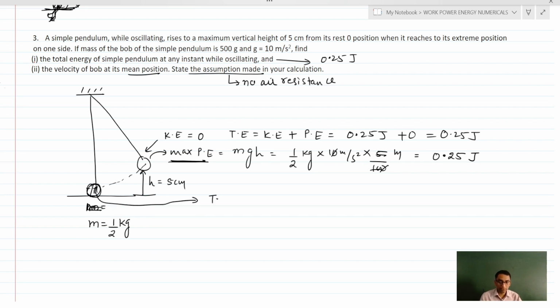Here the total energy is potential energy plus kinetic energy, but the potential energy is going to be 0 because this bob at the mean position is touching the ground almost. So the kinetic energy is half mv square, and half mv square is equal to mgh or 0.25 joules.